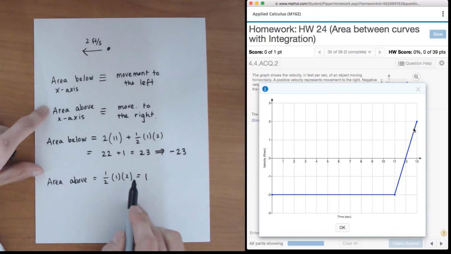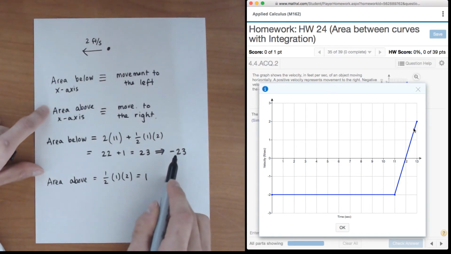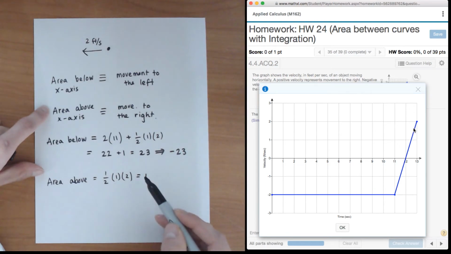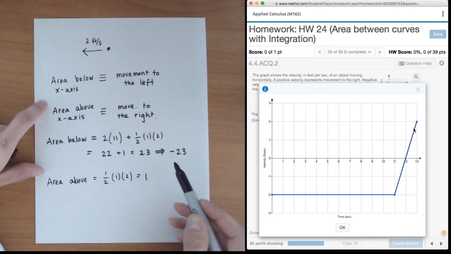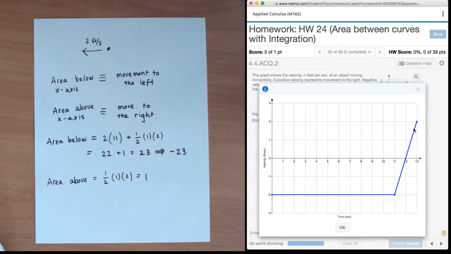Areas above the x-axis we consider positive, areas beneath the x-axis we consider negative, and then finding the difference of these two values will tell us how far we've actually moved.